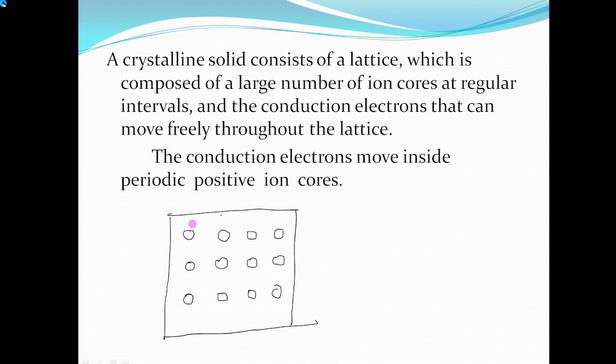Metals have plenty of free electrons. When electrons come out, the atom loses electrons and becomes electropositive. So they become positive ions. Now, how does the potential vary around these positive ion cores, and in between them, how will the electron be moving? The electron will be moving in a periodic potential.